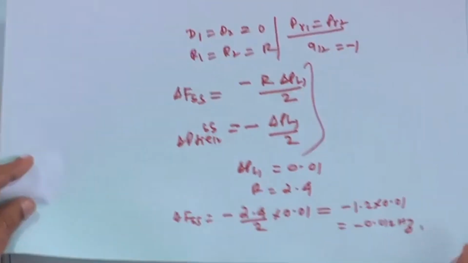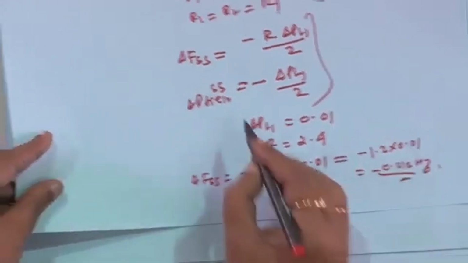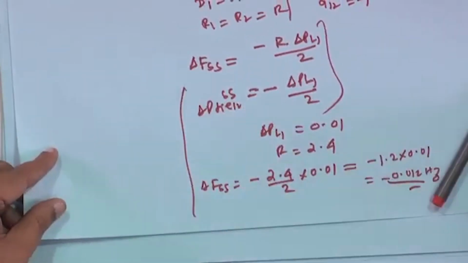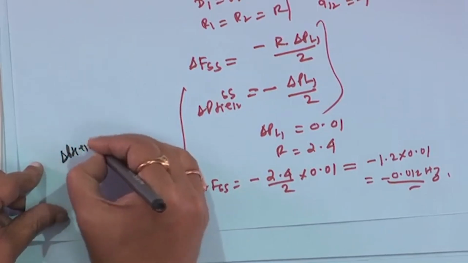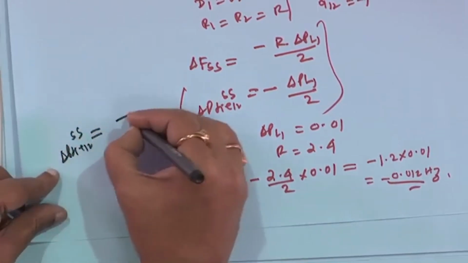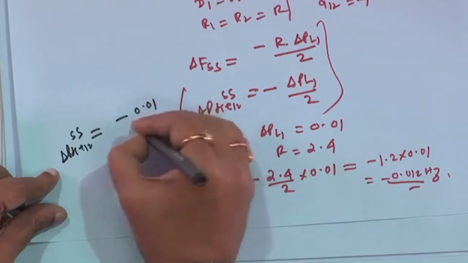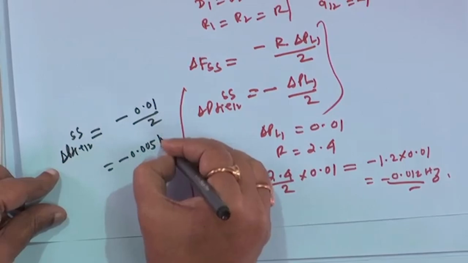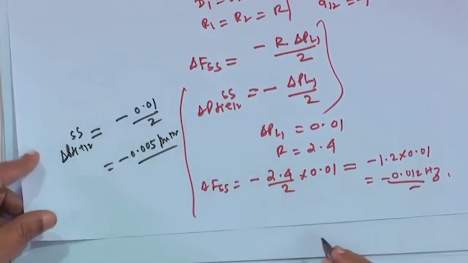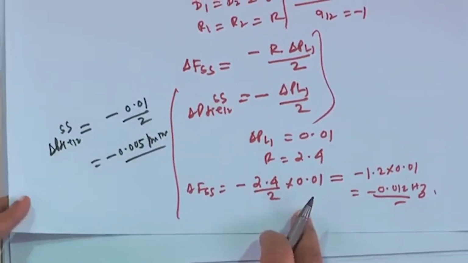This is the steady state value. For tie power, delta P tie 1-2 steady state is equal to minus 0.01 by 2 per unit megawatt, which is minus 0.005 per unit megawatt. This will be very helpful from the numerical point of view.